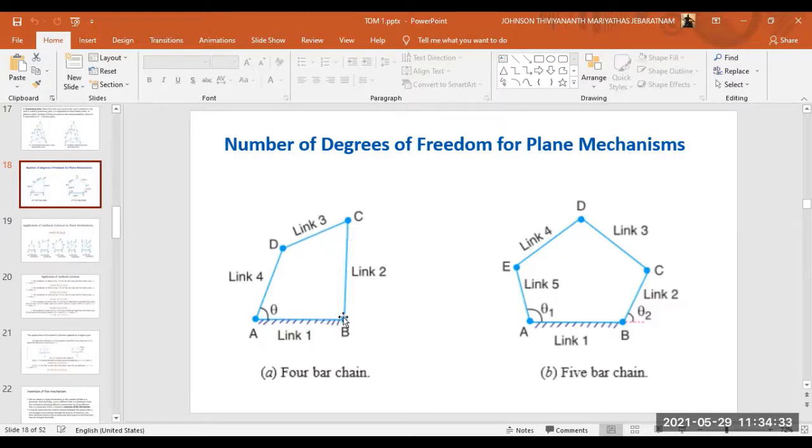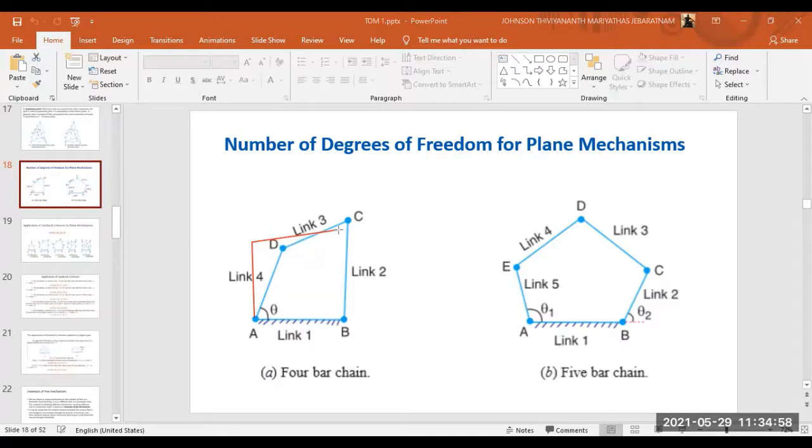So in a 4-bar chain, this angle theta is enough to define the motion of all three other links, right? I can draw. Say for example, you give theta a small push and make that some theta dash. Okay. So what will happen?